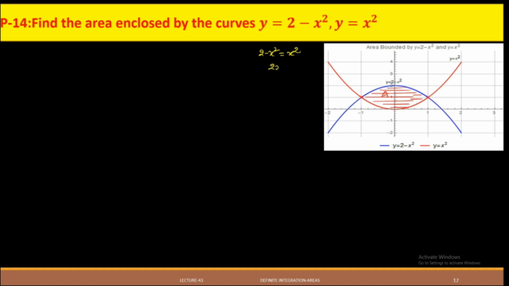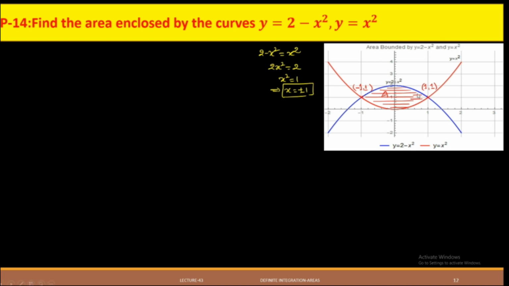So 2x square is equal to 2 and x square is equal to 1, which implies x is equal to plus or minus 1. So this is minus 1 comma 1, and if I substitute 1 here, this is 1 comma 1.